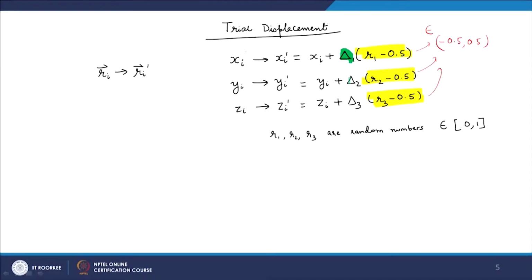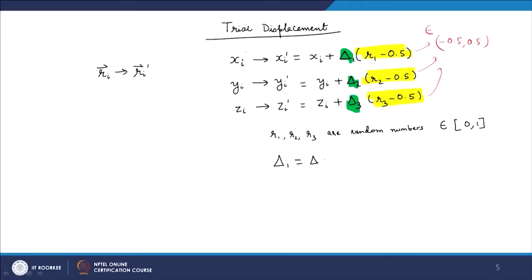The second one is this delta 1, delta 2, delta 3, they essentially set the maximum displacements. So, if the system is anyway isotropic, we don't really bias into any particular direction.